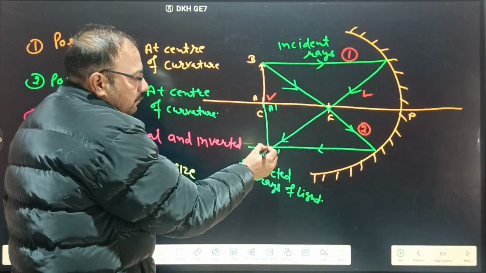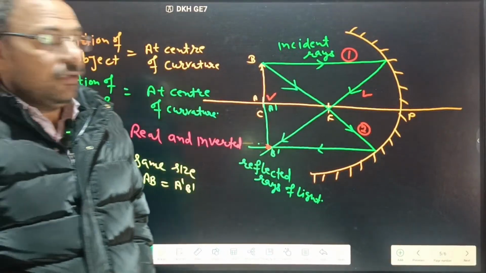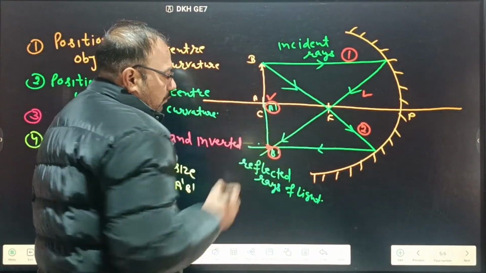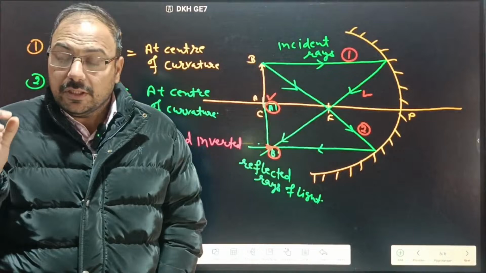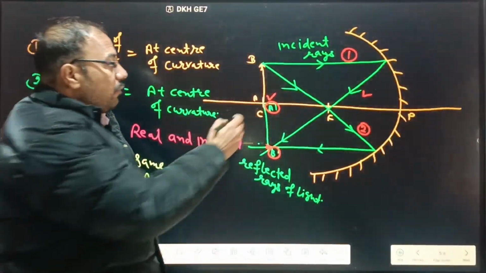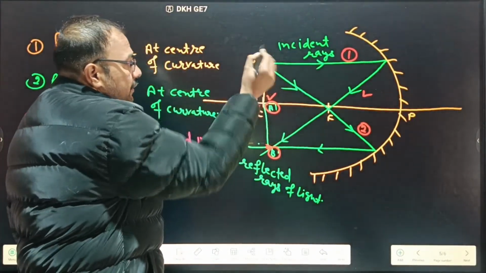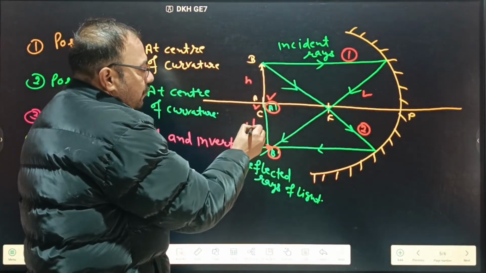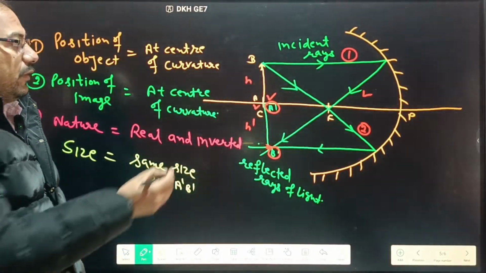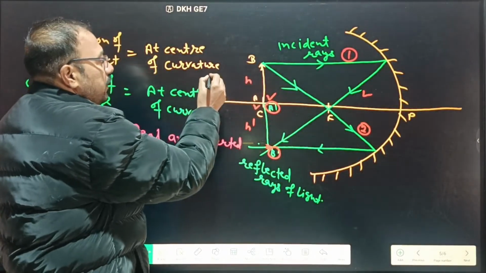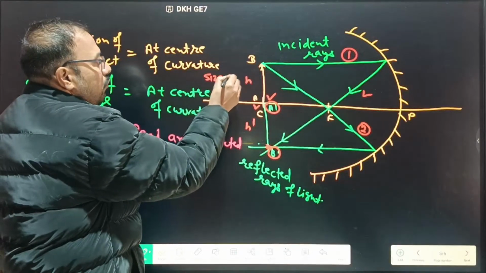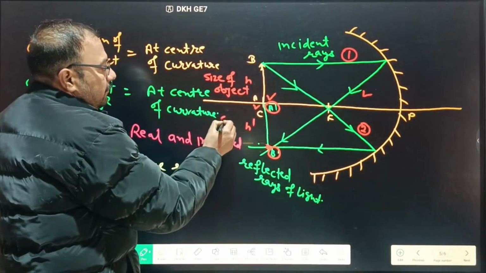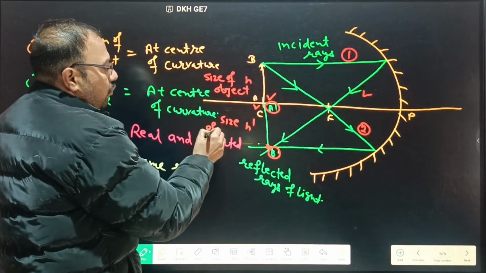They cut here, at the point of intersection, so the image A dash B dash forms. Clearly, the image forms at C and is the same size. For example, this is H and this is H dash: H is the size of the object, and H dash is the size of the image.